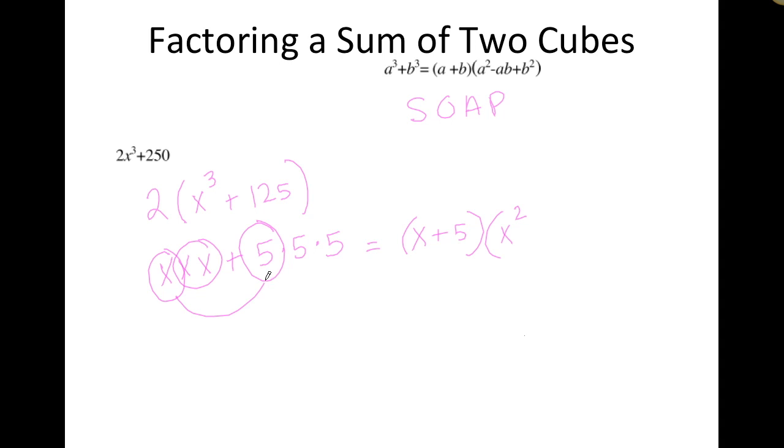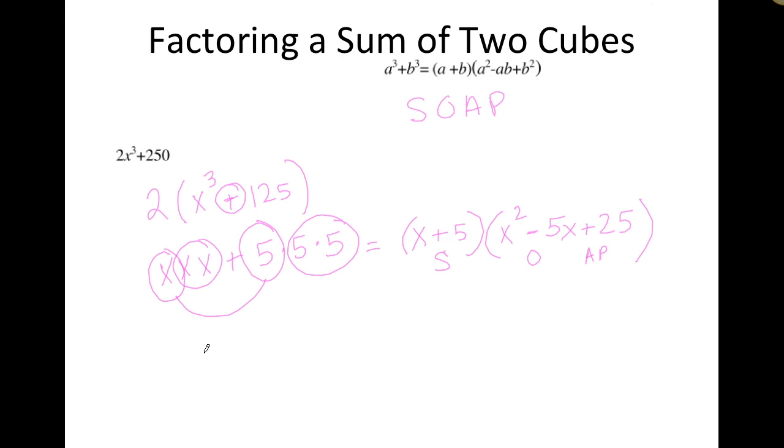Now I'm going to connect the two singles together, minus 5x, and then I'm going to circle the last two, plus 25. This is a plus. This is a plus. So this is the same sign. This is the opposite sign. And the last one is always positive.